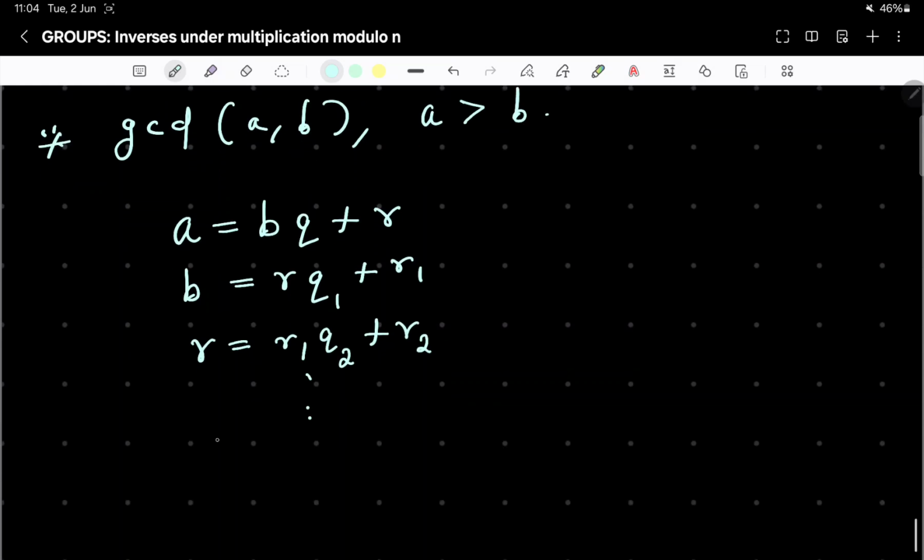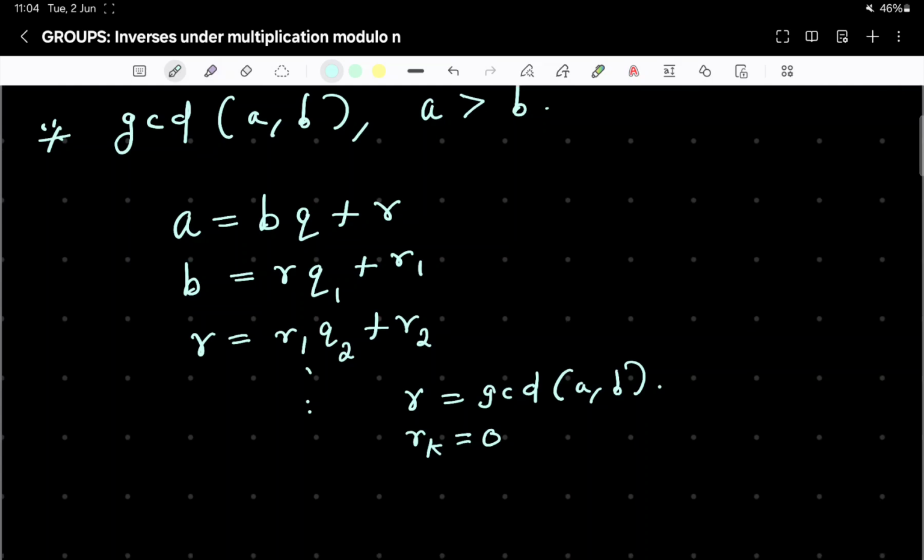Finally you end up at a position where R k is equal to 0. If you write it like that, then the remainder just before the zero remainder is your GCD. I'll illustrate with an example, and we will also write a method to write it.